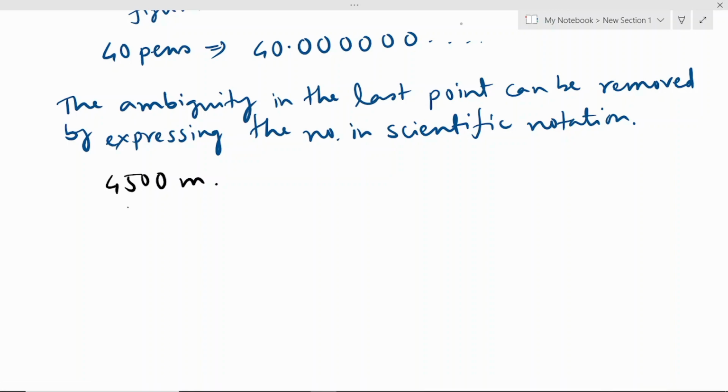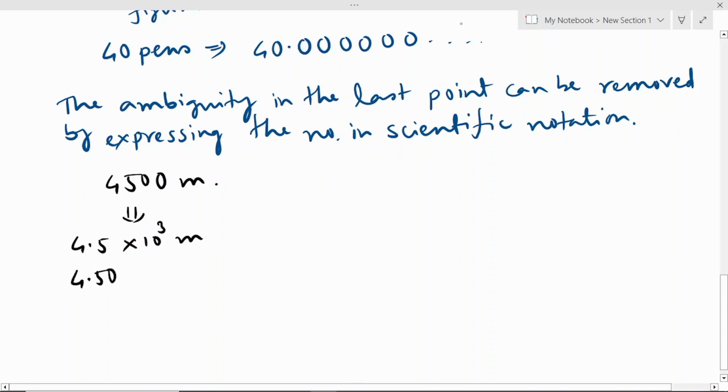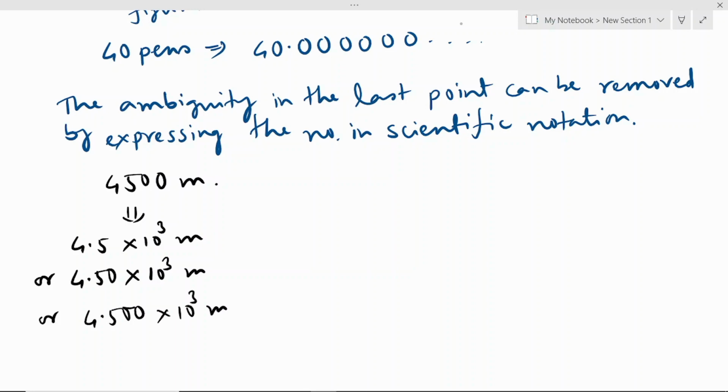How can we? That is 4.5 into 10 cube meter, or 4.50 into 10 cube meter, or 4.500 into 10 cube meter. This has two significant figures, this has three significant figures, and this has four significant figures.